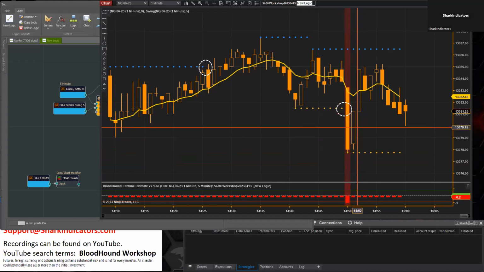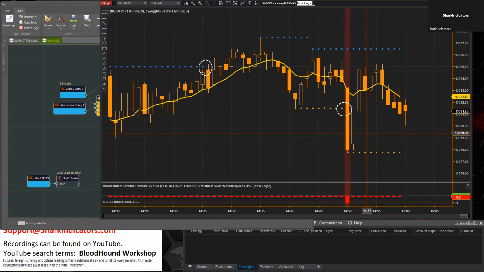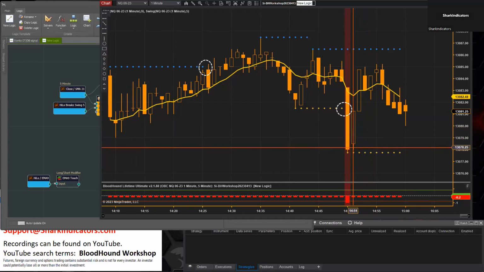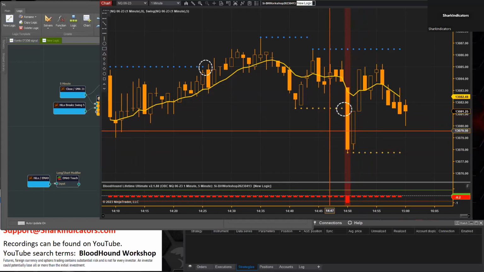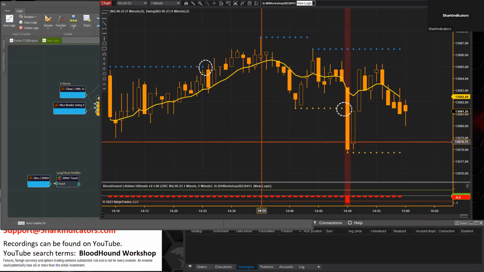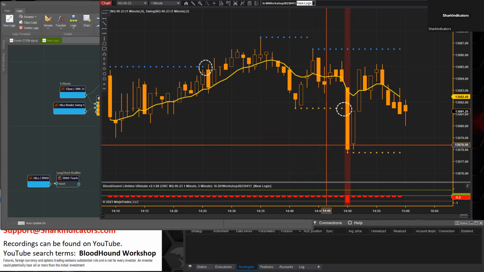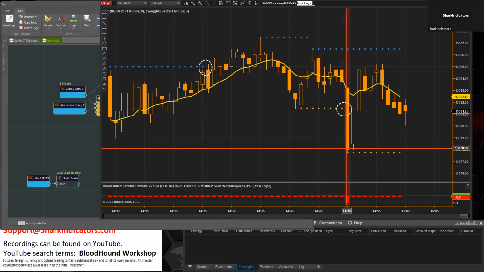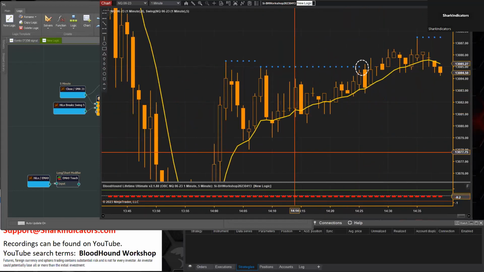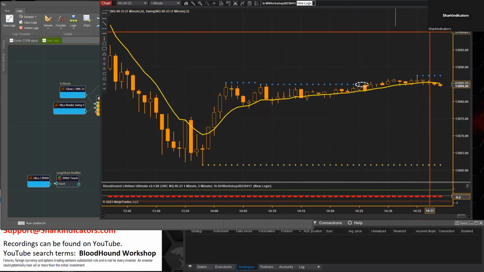And as we have some luck with this, we actually have a smooth pullback as well on this one. But what I really want to try and find is price continuing to move forward for at least one bar, if not several bars.